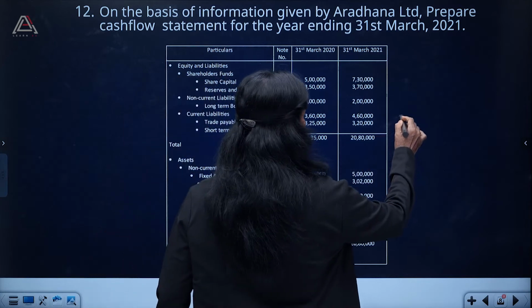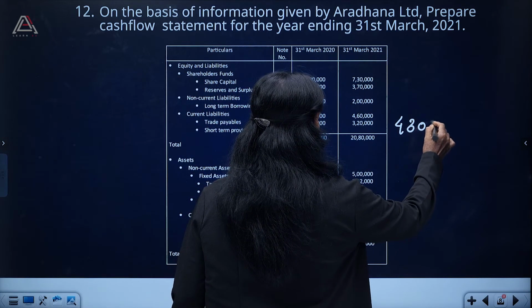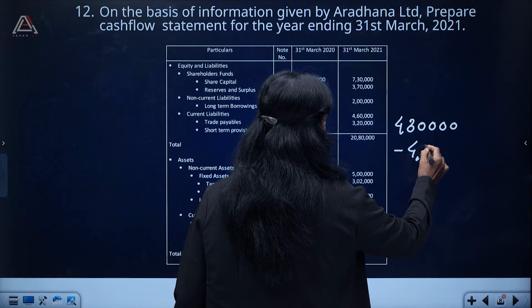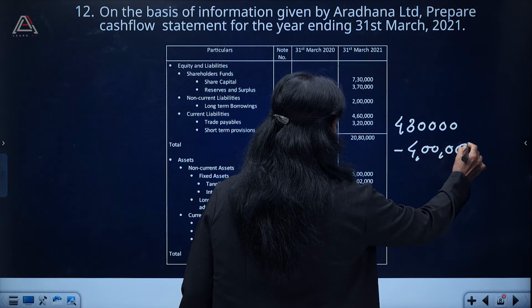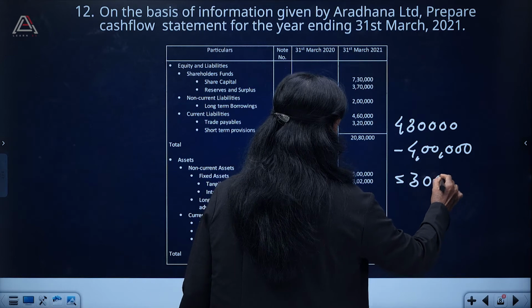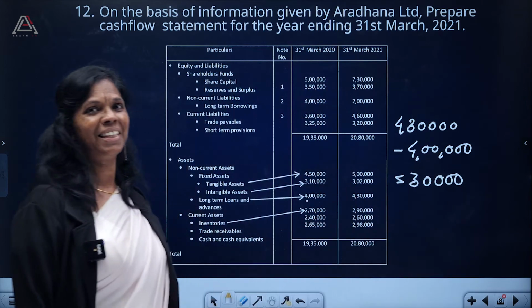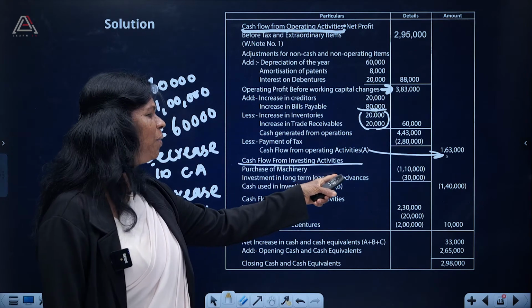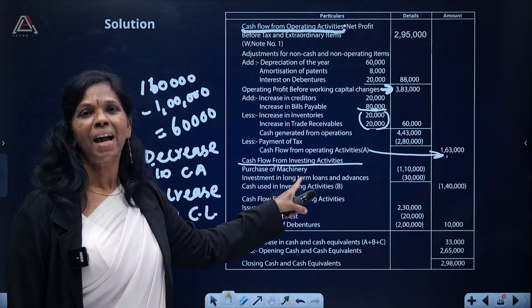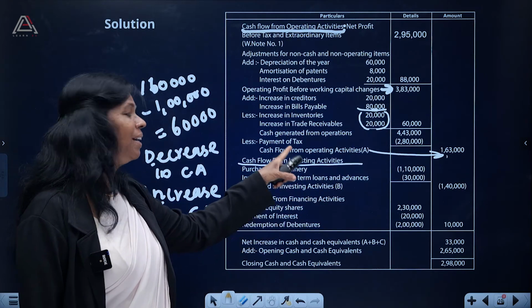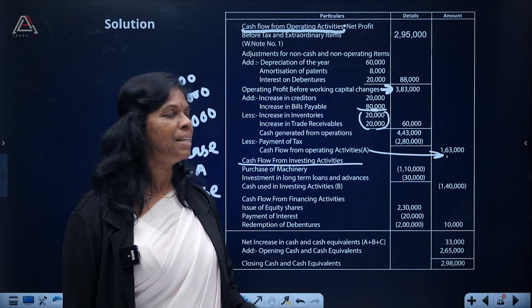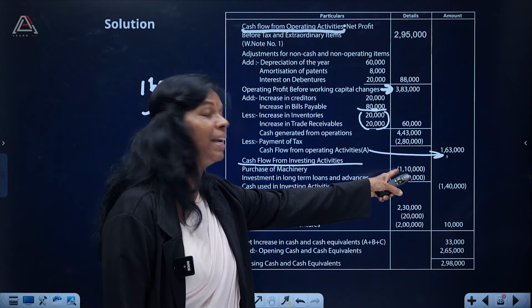That is 4,30,000 minus 4 lakh. How much is the difference? 30,000. So, we have two cash applications under investing activity. There is no sale of fixed asset. So, purchase of machinery 1,10,000.